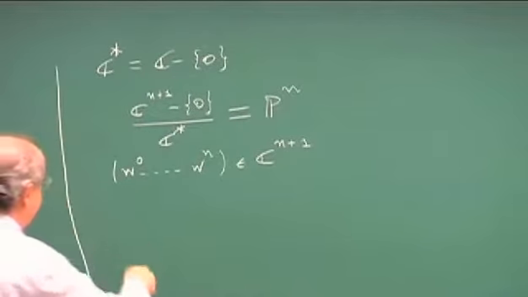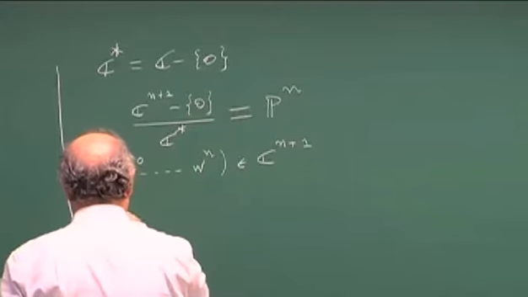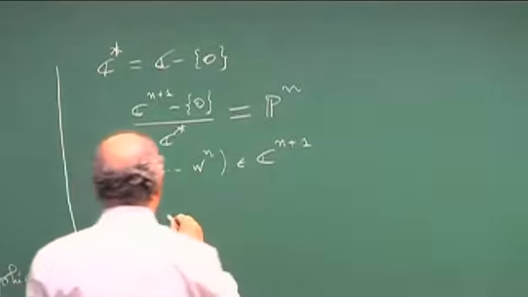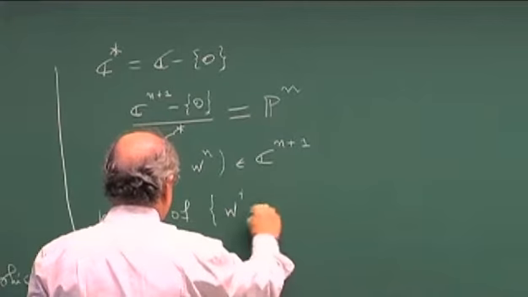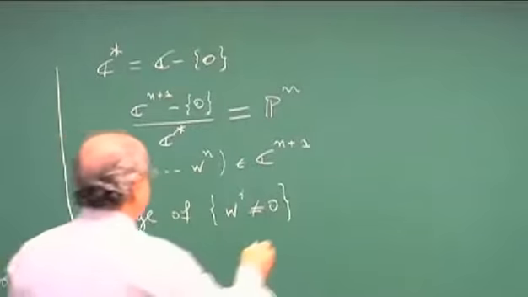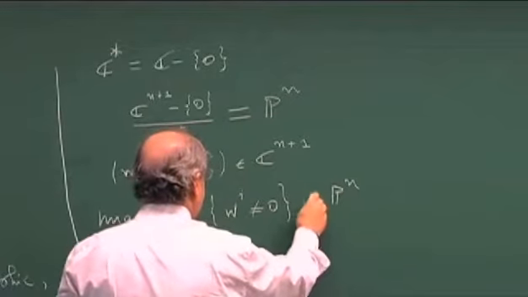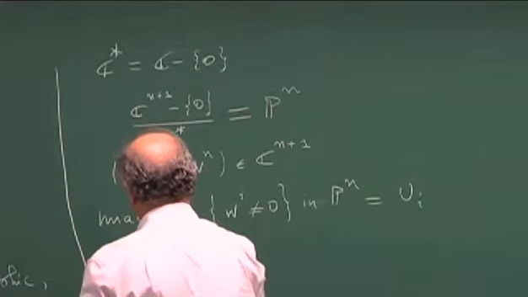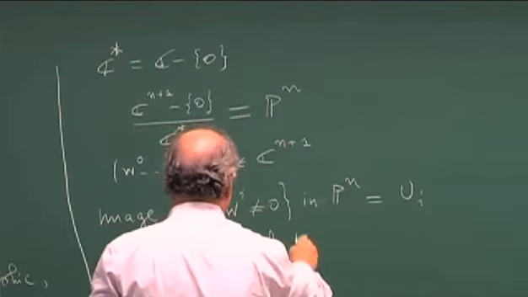But we can do the following. We take a hyperplane, we take the complement, so we consider the subset where some fixed homogeneous coordinate is different from 0, and we take its image in P^n, and we call it U_i, and then we get an open cover of P^n.